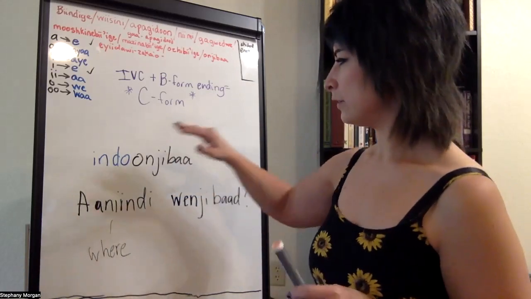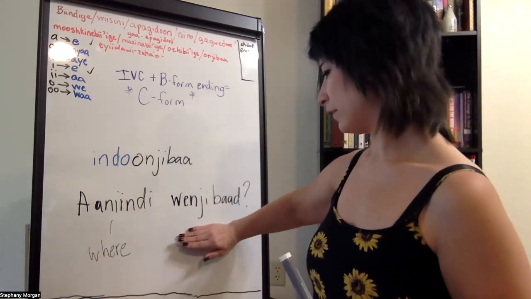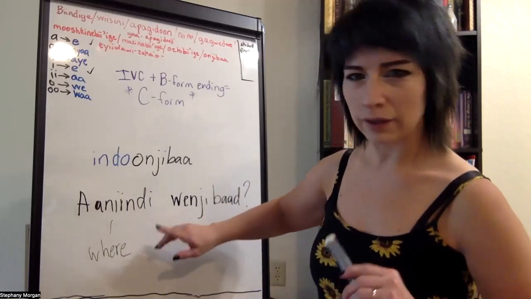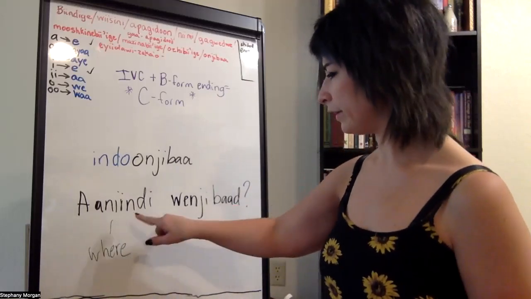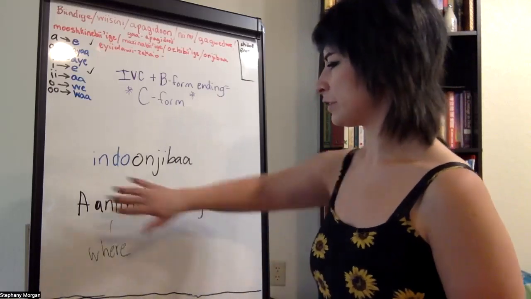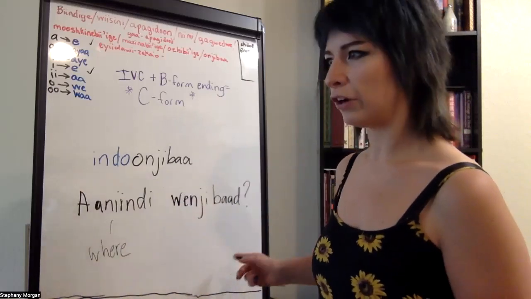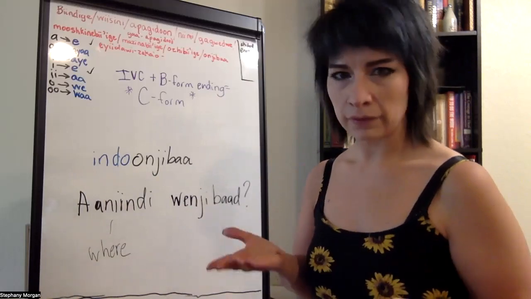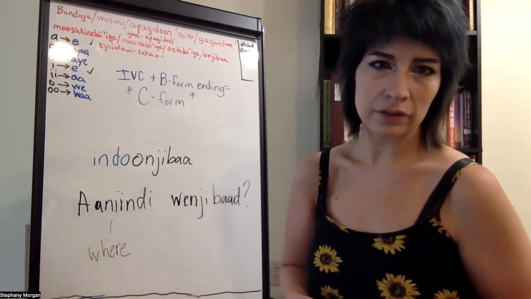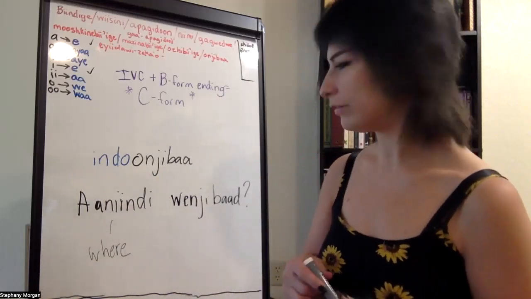These always precede B form because the second part of that sentence will always be a dependent clause, dependent on this word. Where are you from? If I were to take this away and just have, are you from? You're waiting for the rest of the information to make that question or that phrase make sense. That's why it's in B form.